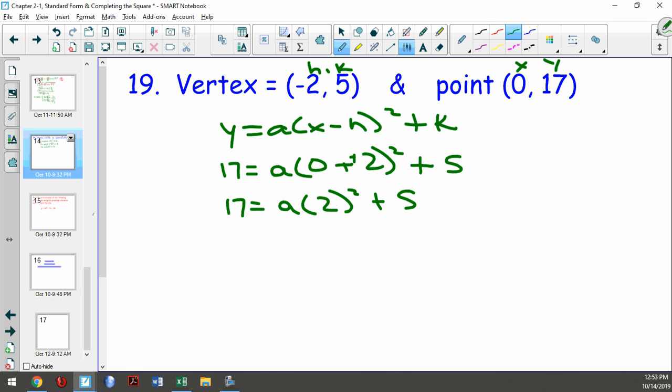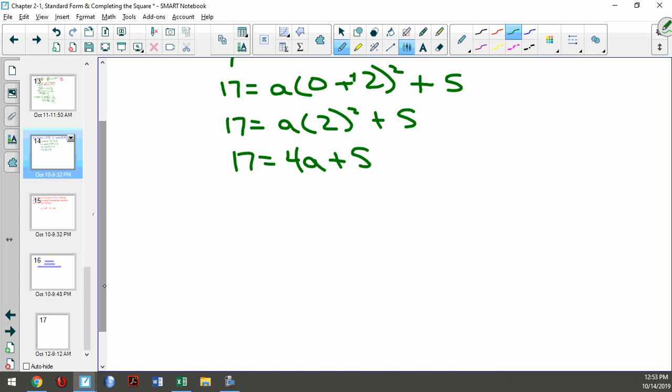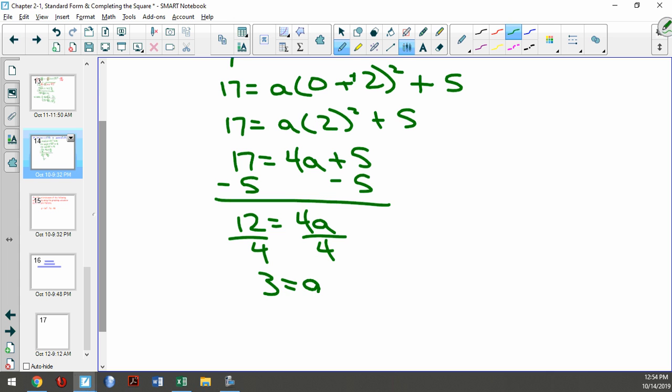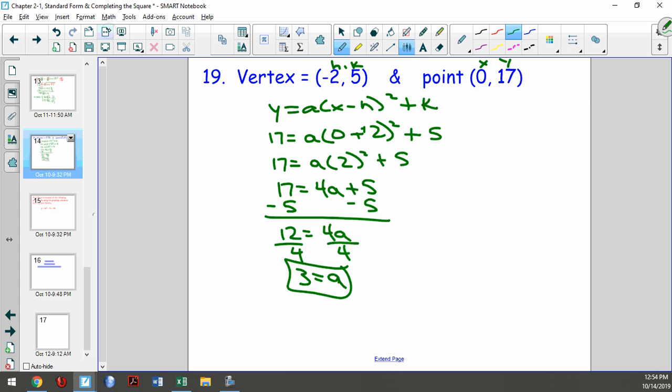What's 2 squared? 17 equals 4a plus 5. 12 is equal to 4a. 3 is equal to a. So what is my equation? Y equals 3 parentheses x plus 2 squared plus 5.